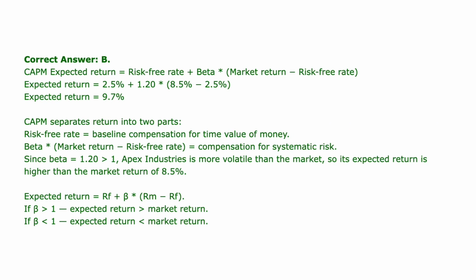Beta greater than 1, 1.20, means expected return, 9.7%, exceeds market return, 8.5%. The calculation uses only beta, risk-free rate, and market return. Standard deviation is irrelevant.